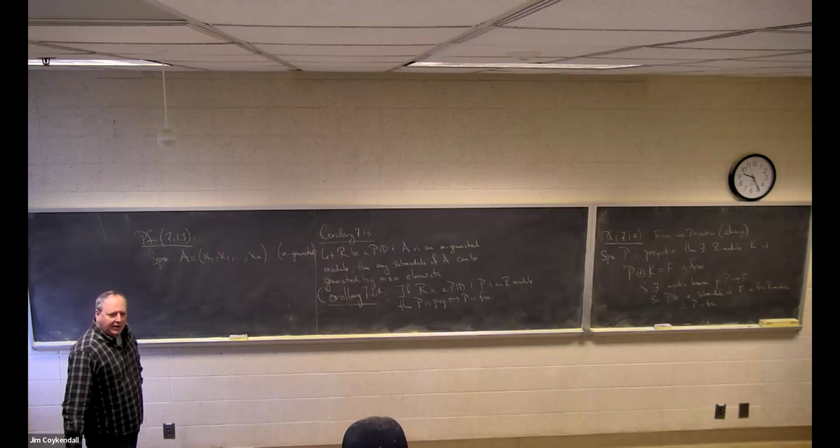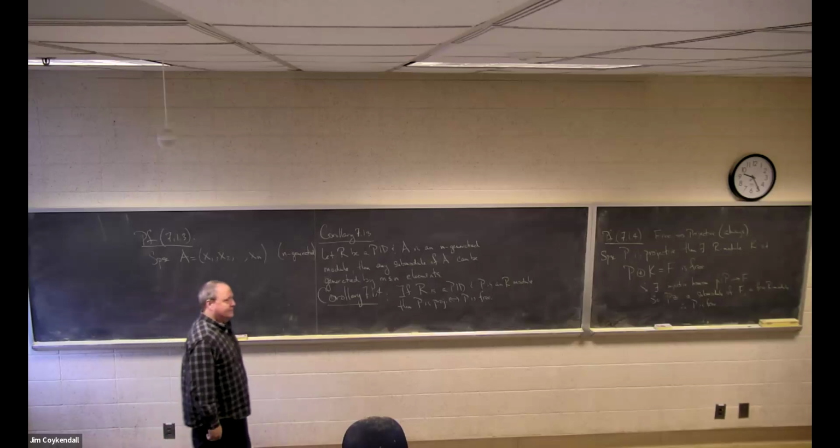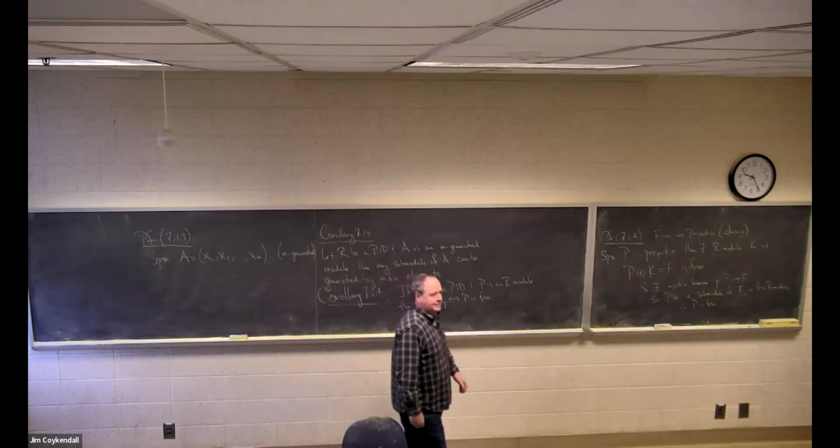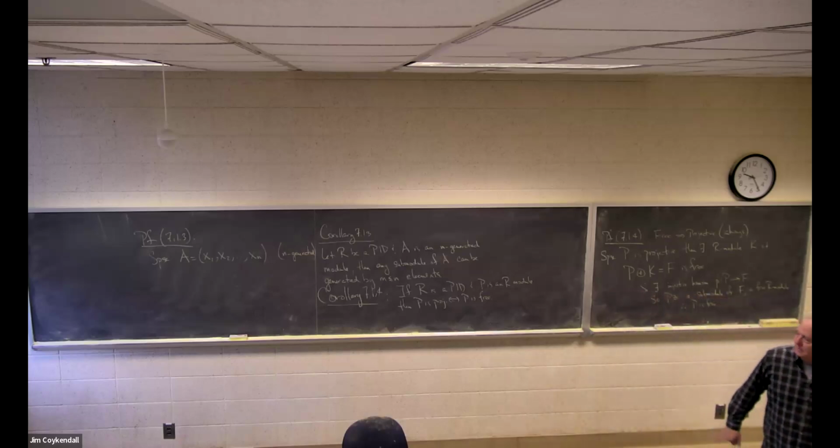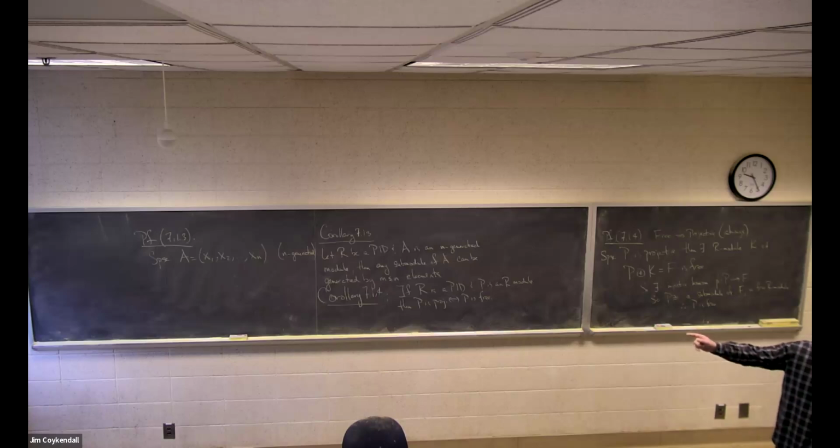I guess we're going to use that material about free modules, right? So what does this have to do with freeness? Remember, free modules are like God, and all other modules are created in the image of God, right? So this is the homomorphic image of a free R module, right?